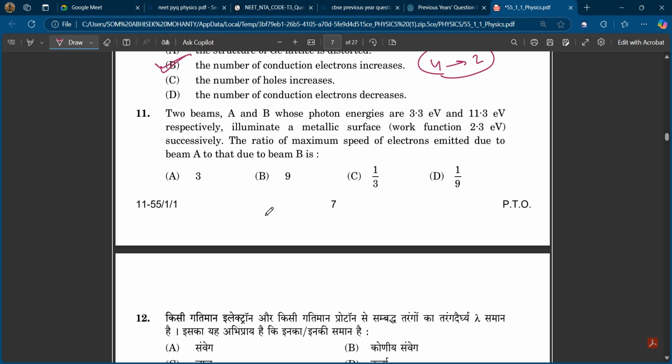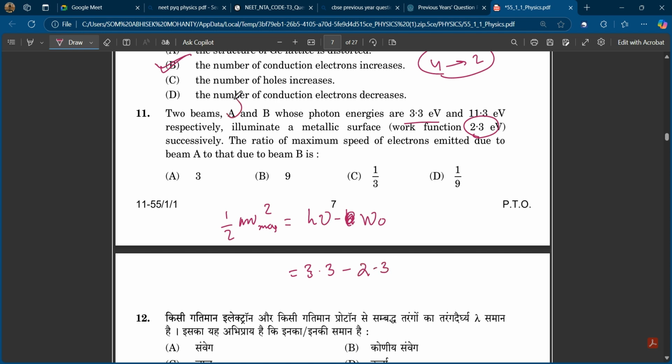We need the ratio of the maximum speeds of the emitted electrons. First, the photon energy is given. Then we need Einstein's equation: half m v max square is equal to h nu minus h nu naught, where h nu naught is the work function W naught. For A, h nu is 3.3 minus W naught, 2.3.